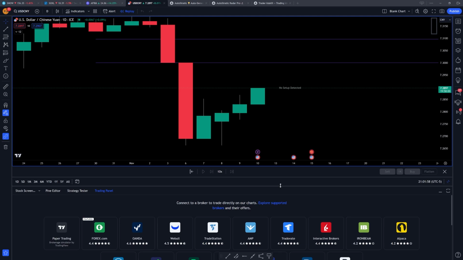Further later down the line, when we are able to, with our software, turn it into an automated trading strategy within TradingView software. And then for at least the time being, you can use AutoStratic to automate your trades in Forex and in crypto. That is the future that we're trying to attain and get towards with this tool.